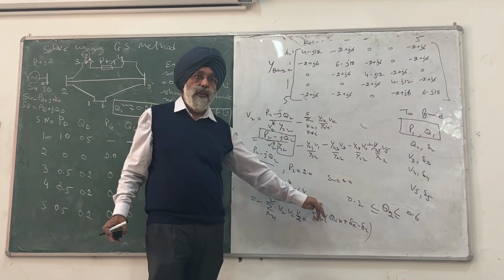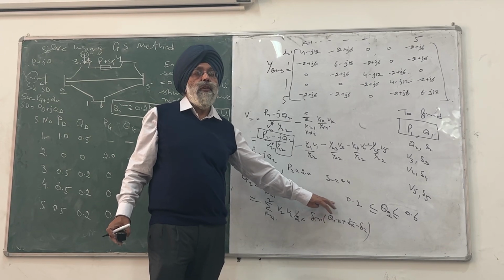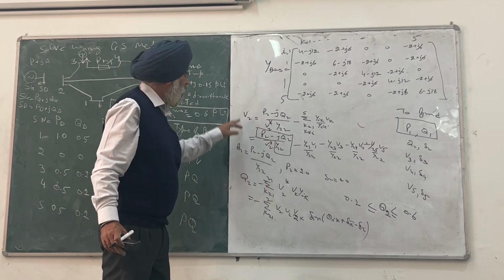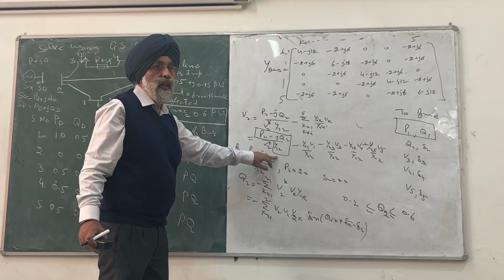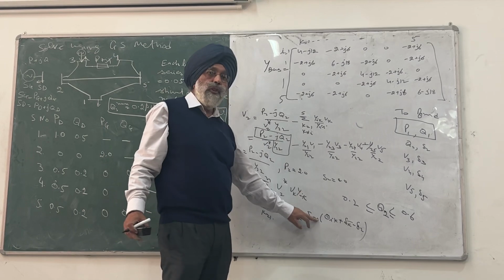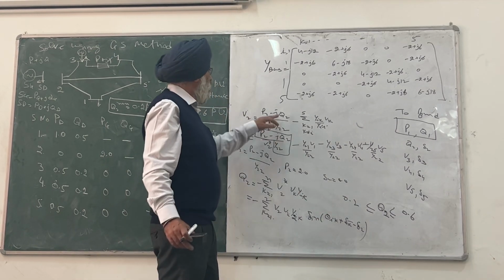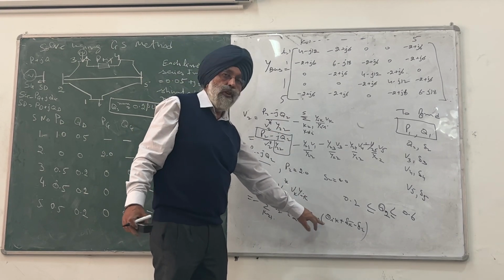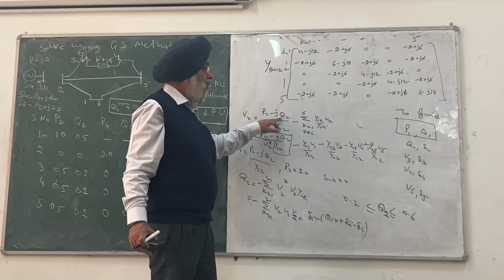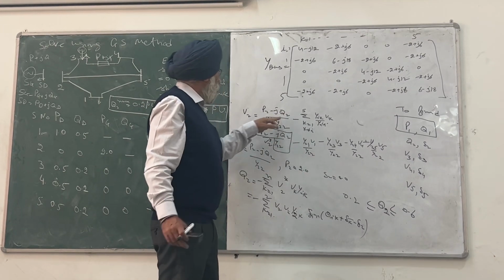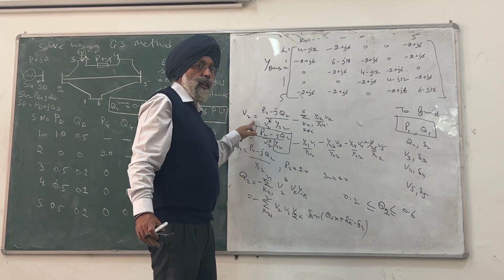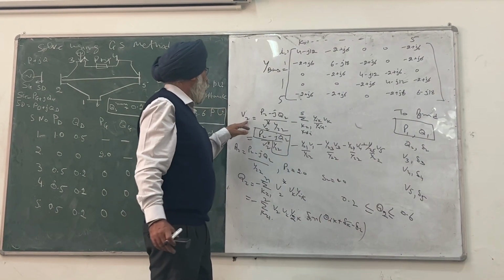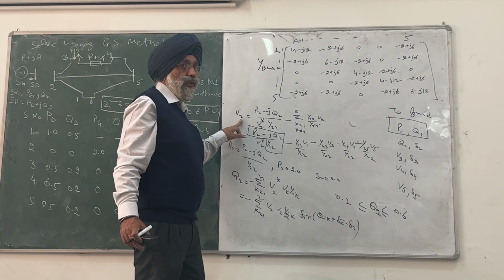Otherwise, we have to fix the limit, and this bus becomes a PQ type bus, and using this equation we have to calculate V and delta both. If the calculated value of Q2 is within the limits, then substitute that value of Q2 here. If you have fixed the Q2, again substitute here. But in case of fixing the value, you have to find the V and delta here. If you are not fixing your Q2, then you take only the delta from this equation.